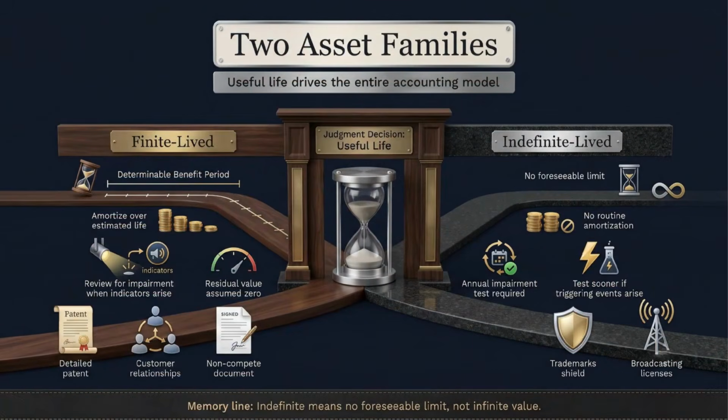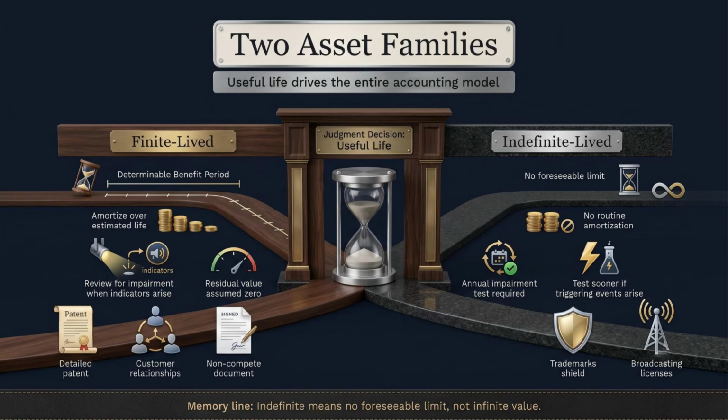There are two major asset families: finite lived and indefinite lived intangibles. A finite lived intangible provides benefit over a determinable period, so it is amortized over that useful life and reviewed for impairment when indicators arise. Examples include patents, customer relationships, and non compete agreements.